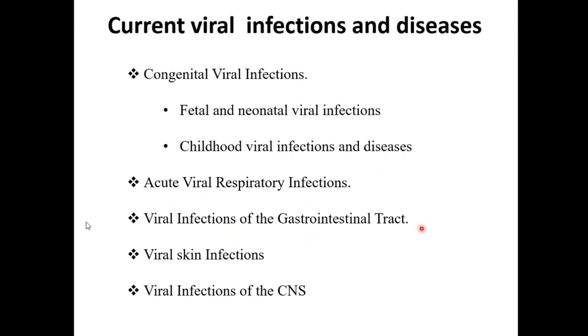We have gastrointestinal tract infection with viruses. We have skin infection. We have central nervous system viruses. So these can be the categories of disease that we are going to deal with in our systemic virology: congenital viral infection, acute viral respiratory, gastrointestinal, skin, and the central nervous system viruses.